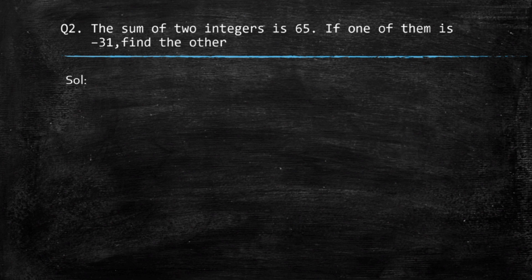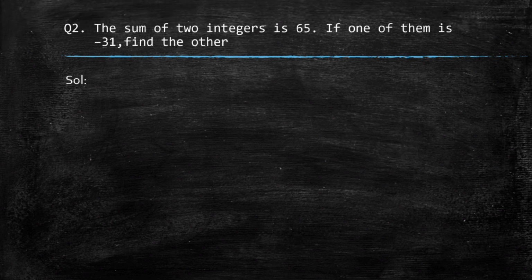Now, question number 2 is: the sum of two integers is 65. If one of them is minus 31, find the other. Again, the question is the same, but the numbers are changed. The sum of two integers, again we are going to do it so that you will be able to understand better.